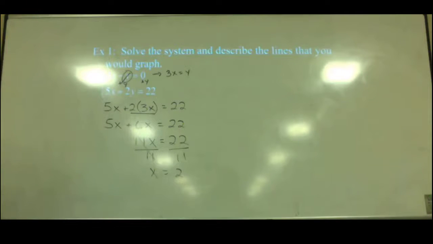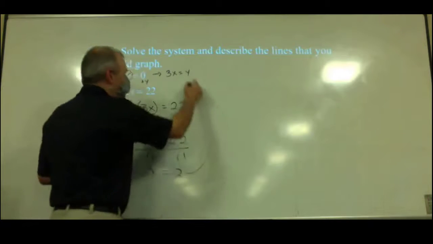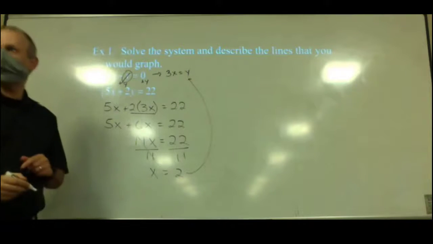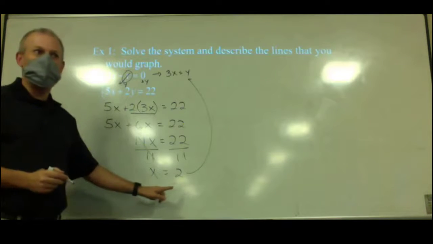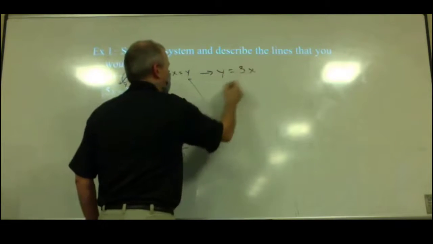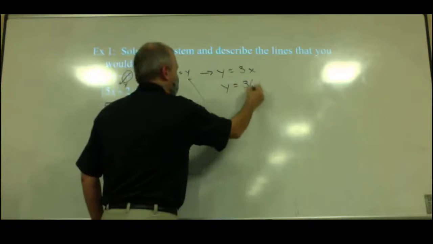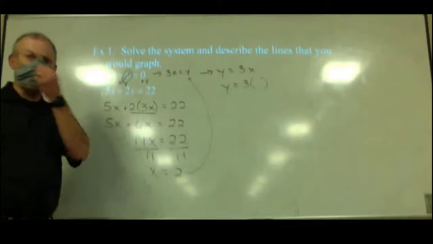So that was step 2. Once we substitute, solve for that variable. Okay? Did we have 4 steps or just 3? I think we just had 3, right? Okay. So substitute and solve. That gives us this. Now, once we have this, we go back up to here. Right? That one that we solved right away. And what do we know? Now we know x equals 2. So that tells us, since y equals 3 times x, now we know y equals 3 times what? 2, because x equals 2.